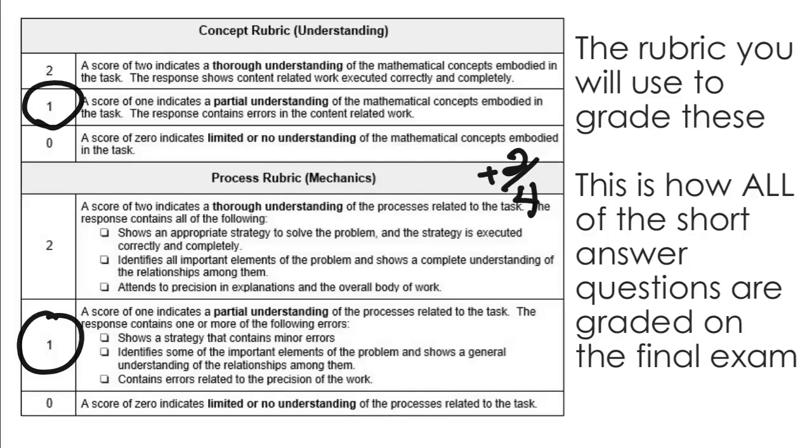But basically, you are looking at it, and you have a copy of the rubric down here. Okay? C stands for concept. Do they have the main idea of what's going on in this problem? And then process is the actual mathematics. Okay?